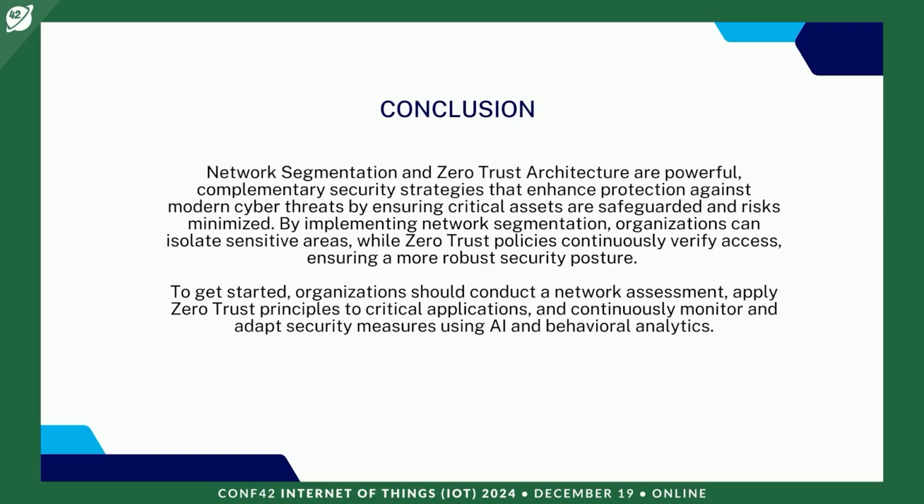By implementing network segmentation, organizations can isolate sensitive areas, while zero trust policies continuously verify access, ensuring a more robust security posture. And to get started, organizations should conduct a network assessment, apply zero trust principles to critical applications, and continuously monitor and adapt security measures using AI and behavioral analytics.